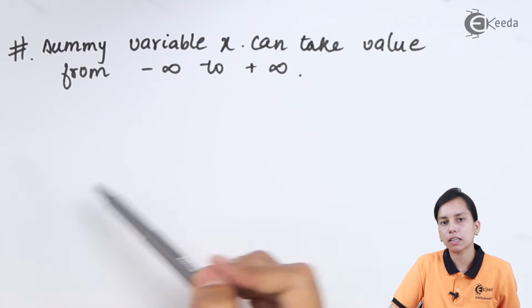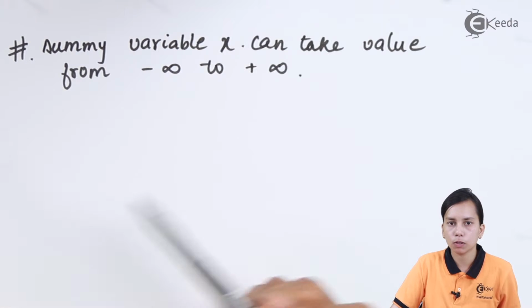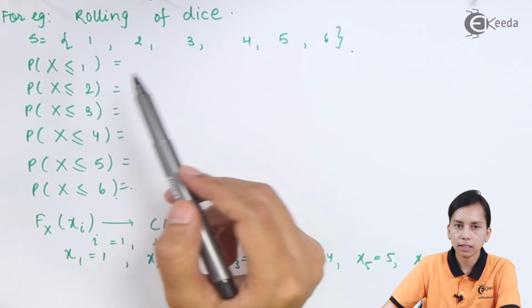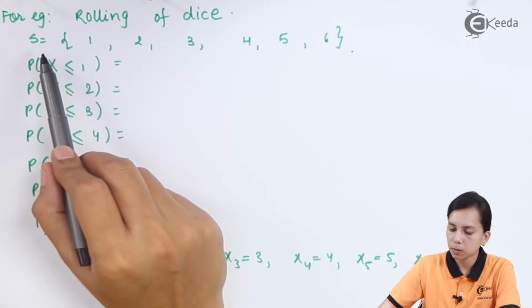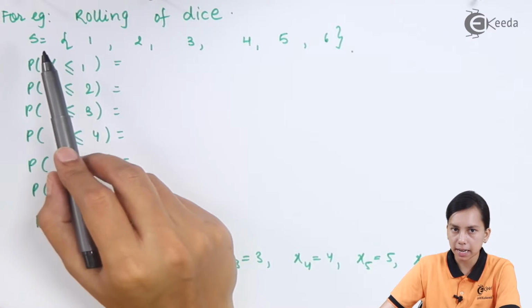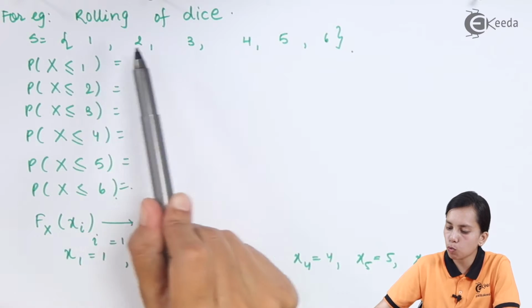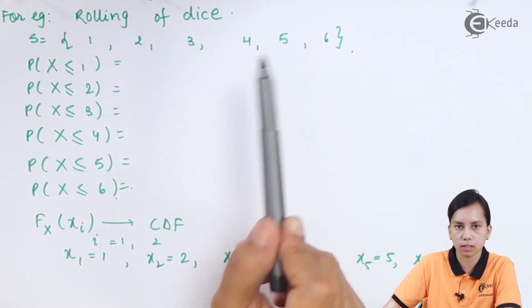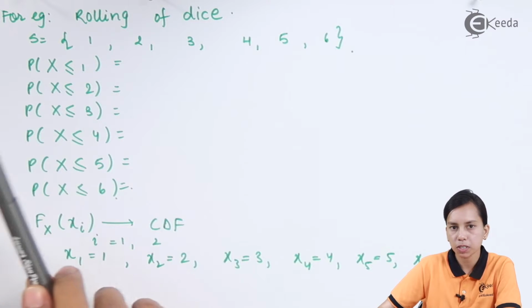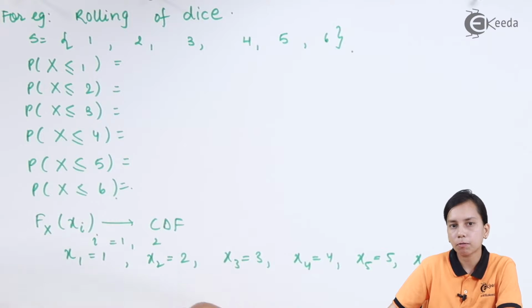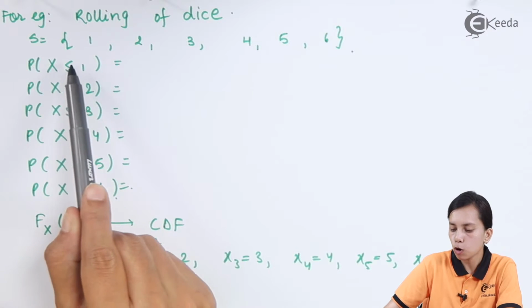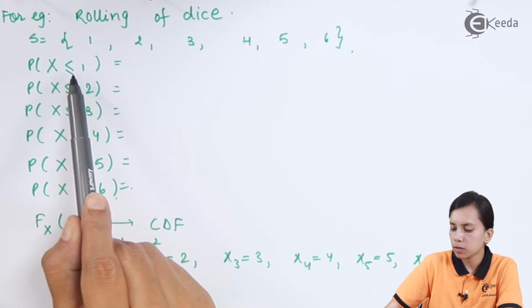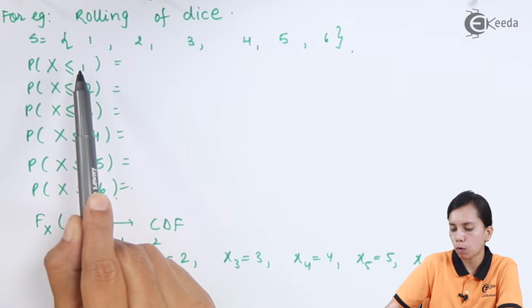Now let us understand more about the CDF through an example. We are taking the case of rolling of dice. As we know, the sample space for the rolling of dice is S equals 1, 2, 3, 4, 5, 6. These are the sample points of the sample space. Now I am defining some random variables. Capital X is a random variable whose value is less than or equals to 1.